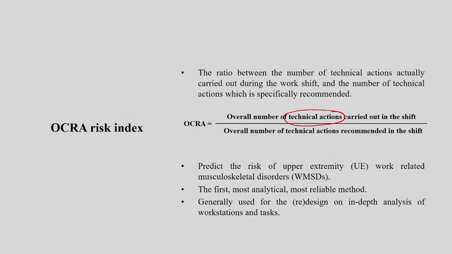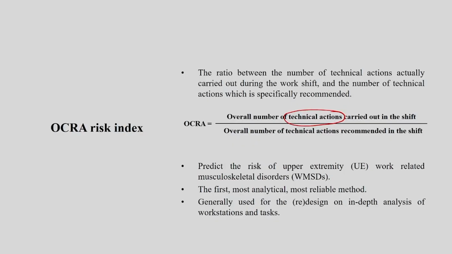The overall number of technical actions carried out in a particular shift, divided by the overall number of technical actions recommended in that shift. The ratio between these two is called the OCRA index.